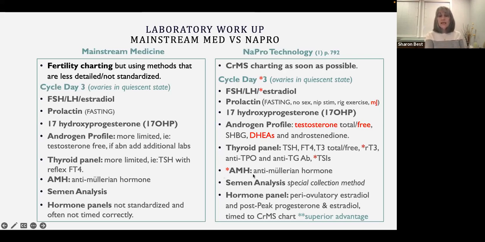Now, anti-mullerian hormone. This is a hormone that is produced by the ovaries. We really both use it, probably for the same reason, to rule out a premature ovarian failure, which was formerly called premature menopause.